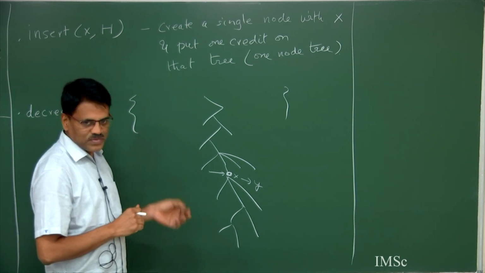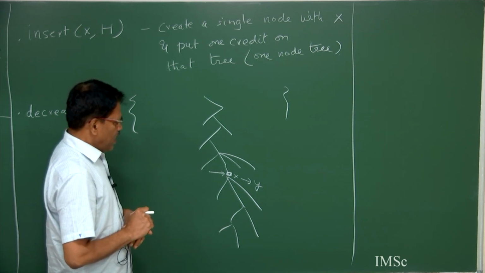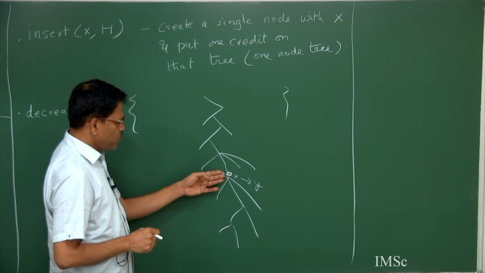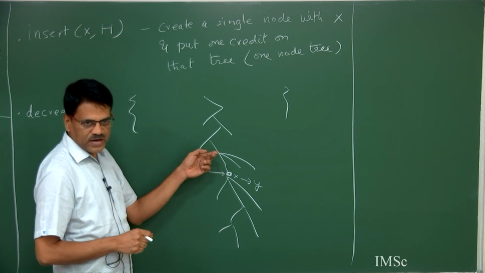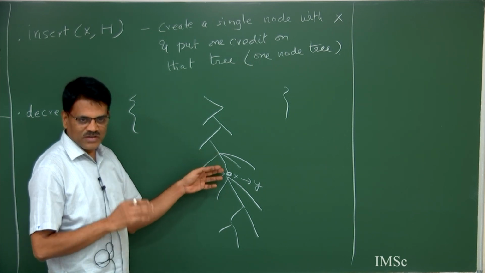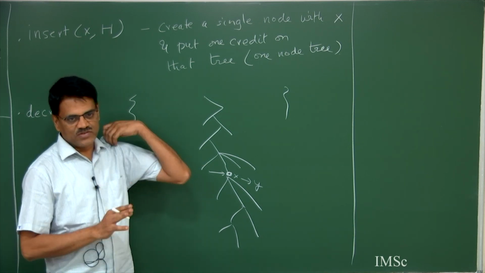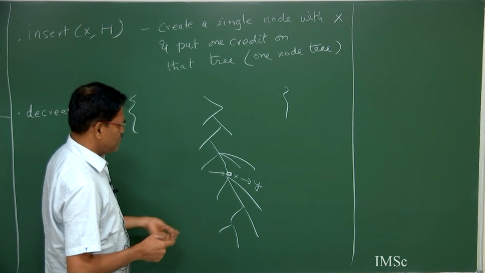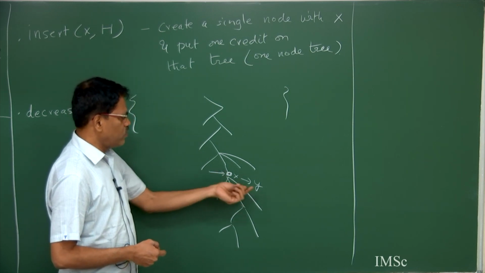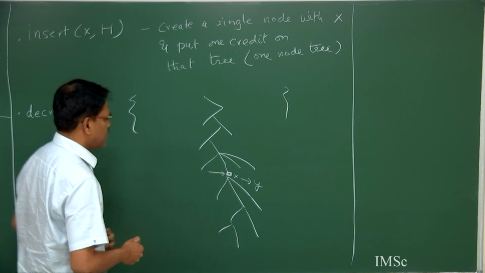So let's assume that really y is less than or equal to x, and if it's a min heap, if this value is not smaller than its parent, then you don't have to do anything, you're done. No restructuring. So these are some simple sanity checks, and we'll worry about the case where the new value of this node, which is y, happens to be smaller than its parent. We're going to cut.